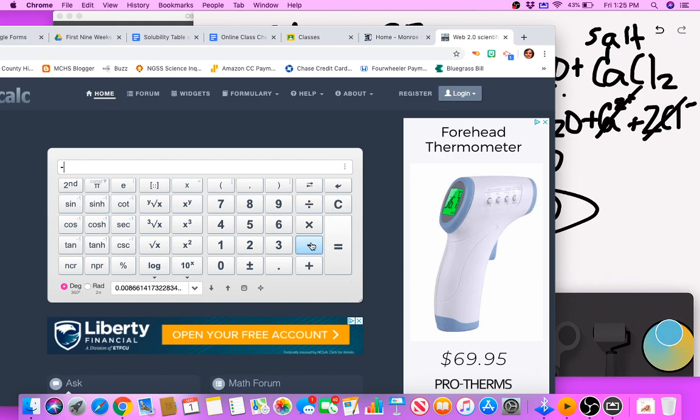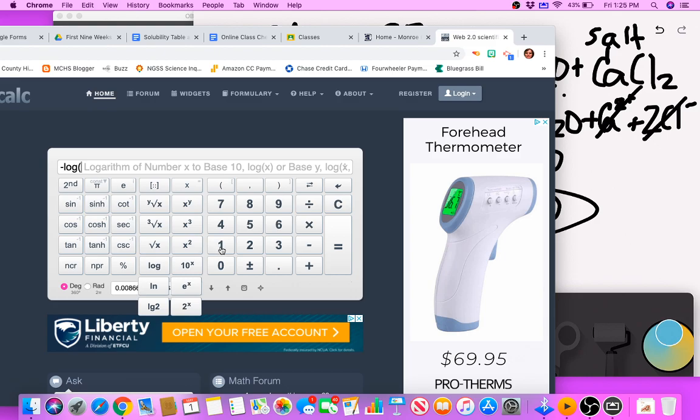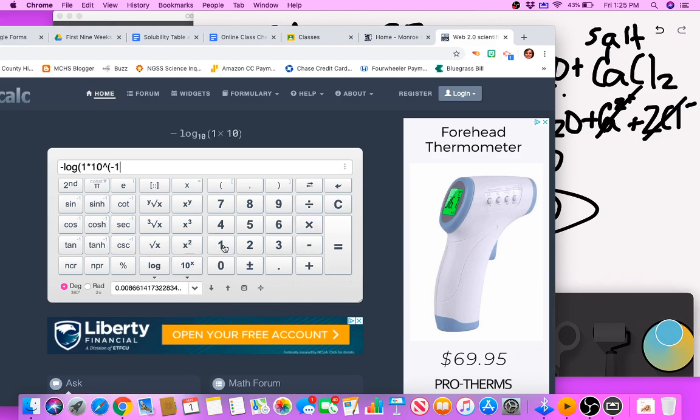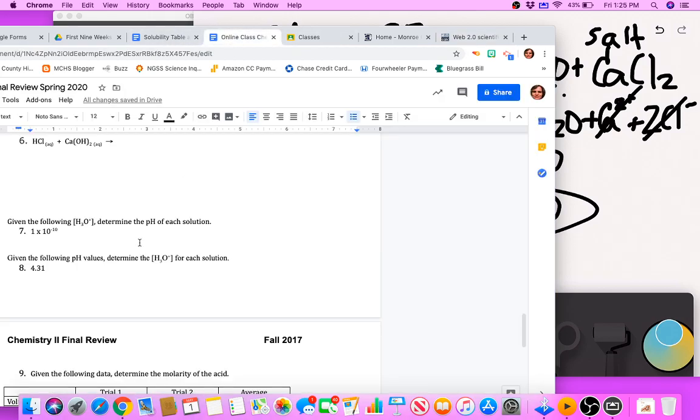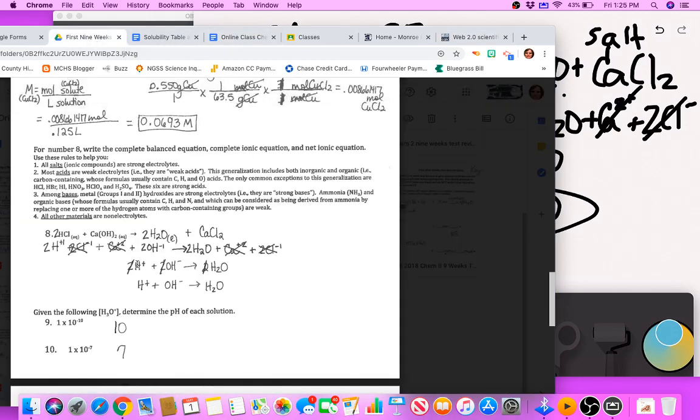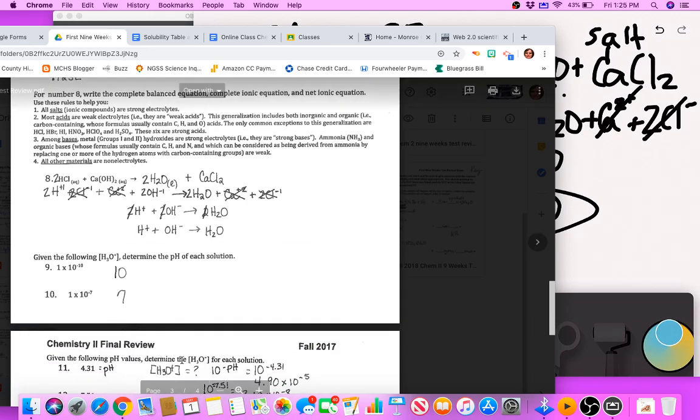Negative log 1 times 10 to the minus 10, close my parentheses, and equals. I get 10. So the answer to this one is 10. If we look on our key, there you go, it is 10.